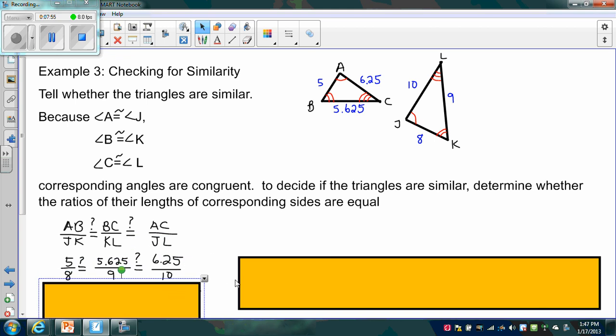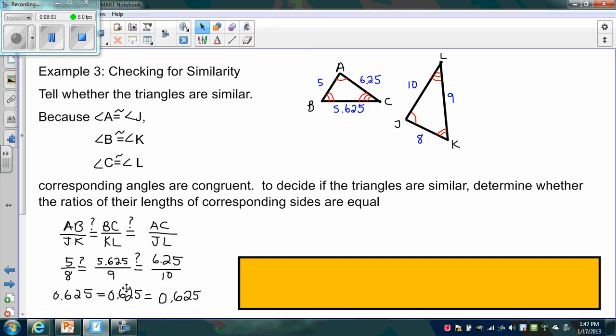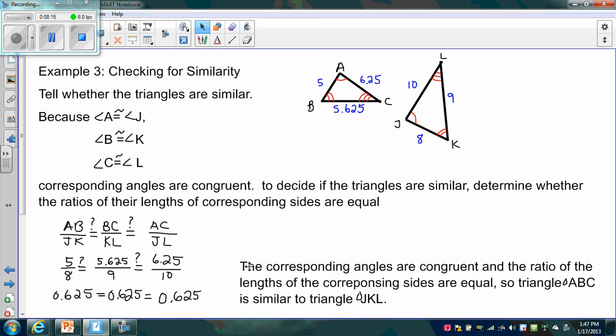We can plug the numbers in for each of the sides, making sure that we keep the first triangle on top and the second triangle on the bottom. When you divide 5 by 8, you get 0.625, and so on. If they're all equal, then yes, they are similar. If they weren't all equal, then they're not similar triangles.